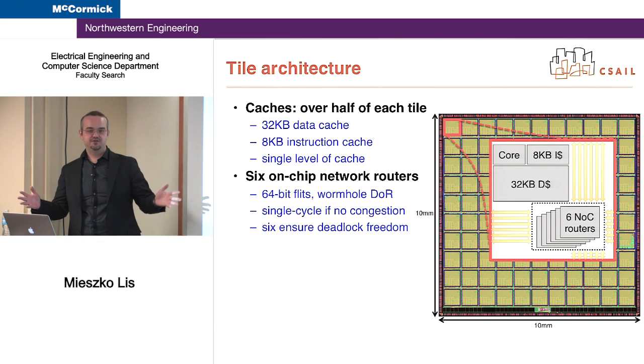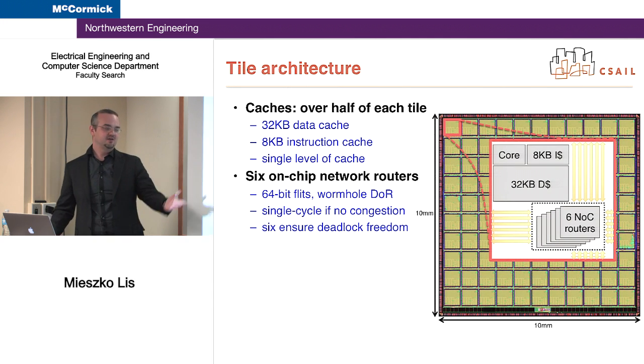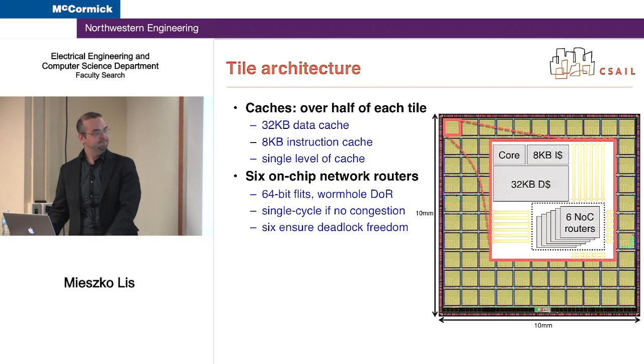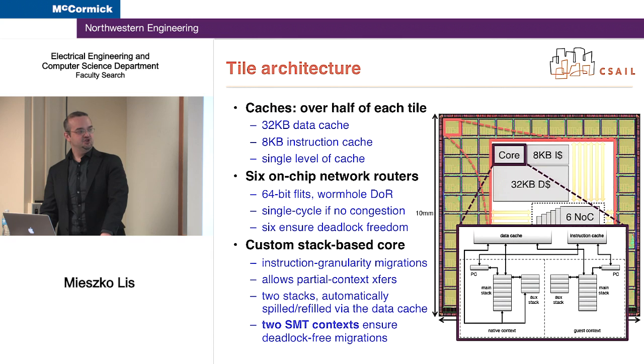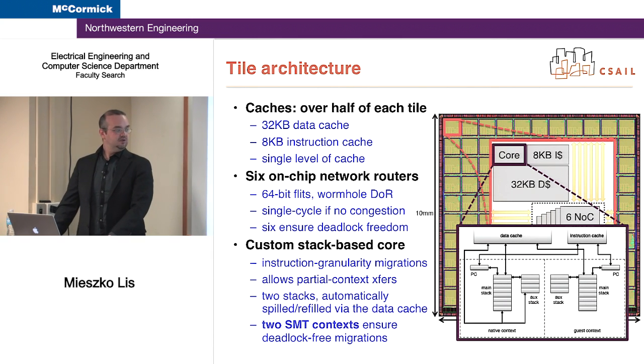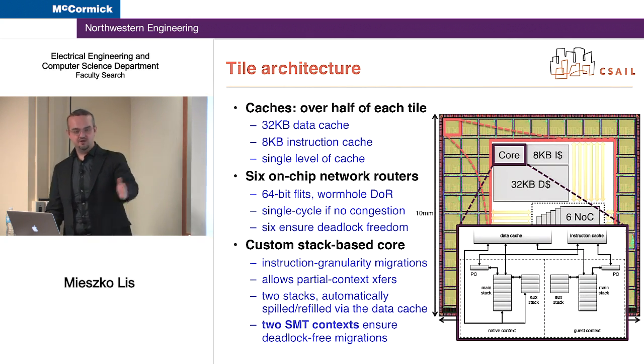You have so much bandwidth that there's no point in trying to optimize for reduced bandwidth, because you have all these wires. What are you going to do with them anyway? And it's a very easy way to ensure deadlock freedom for us. I mentioned that it's a custom-based architecture based on a stack. It has actually 2 stacks, which are basically run in an SMT context. So either one or the other is being run.